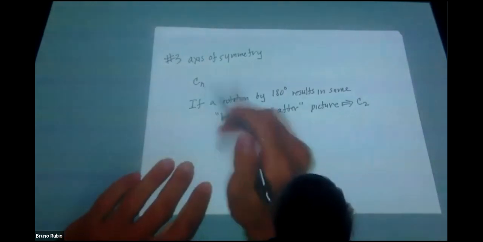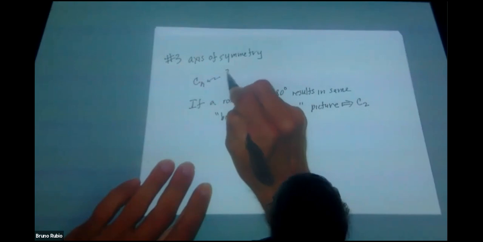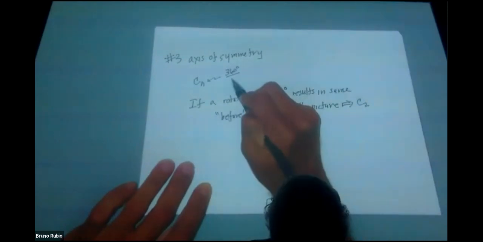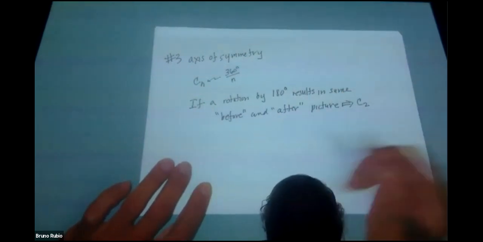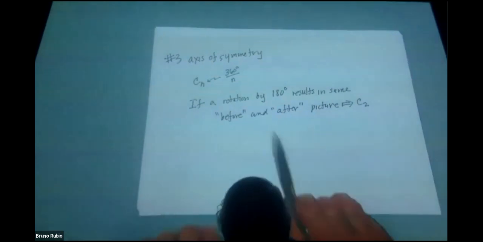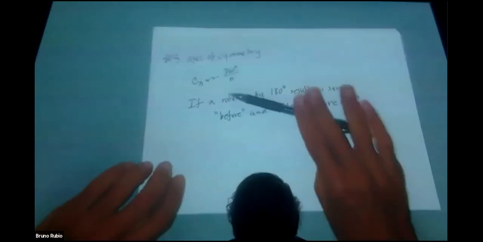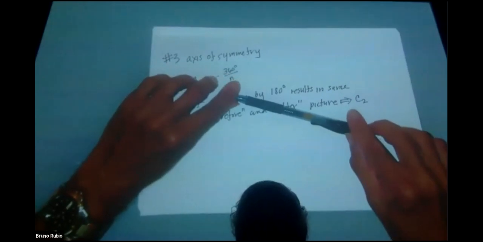So you see this n is actually 360 degrees divided by n, and that gives the degree measure of the rotation. So everything has a C1 axis, because when you take anything, there's my pen, I'm going to rotate it by 360 degrees somehow.